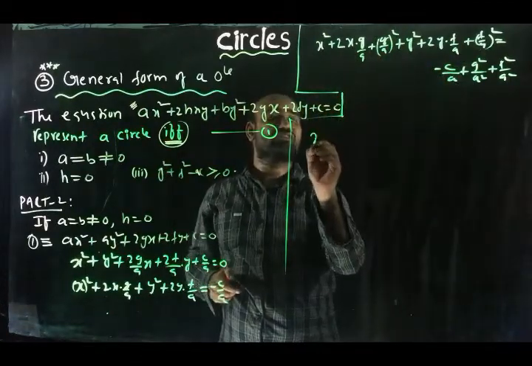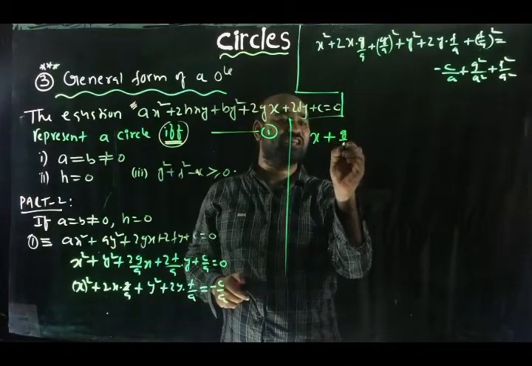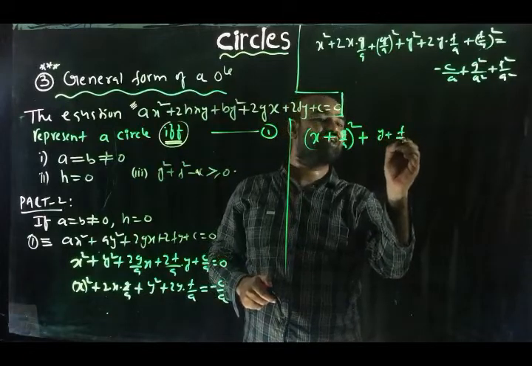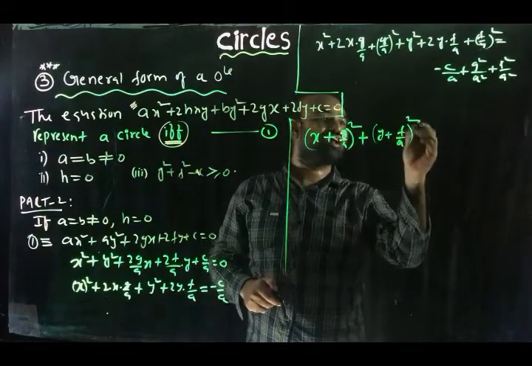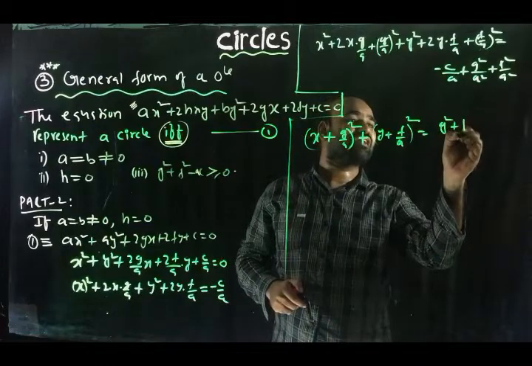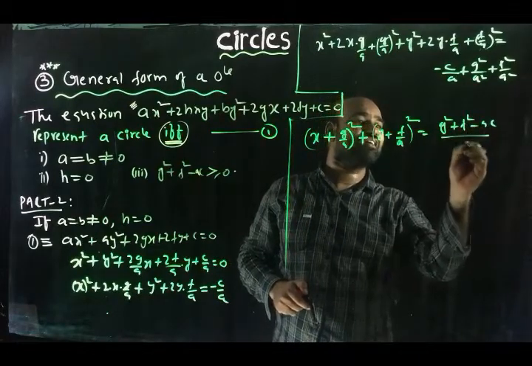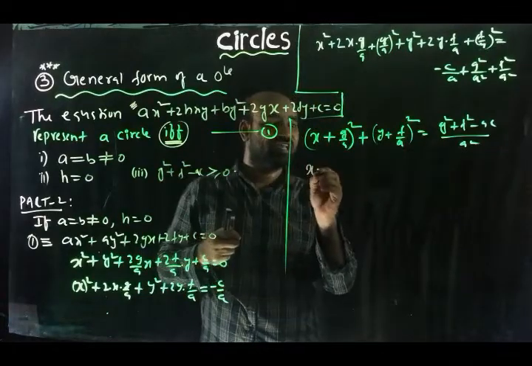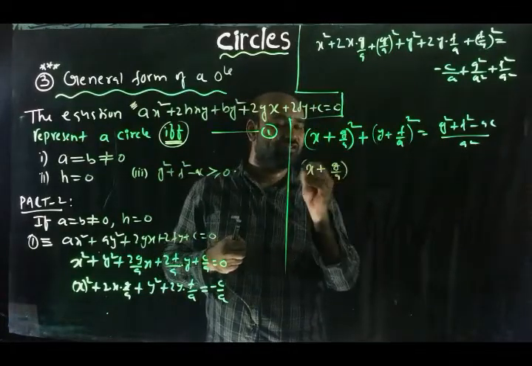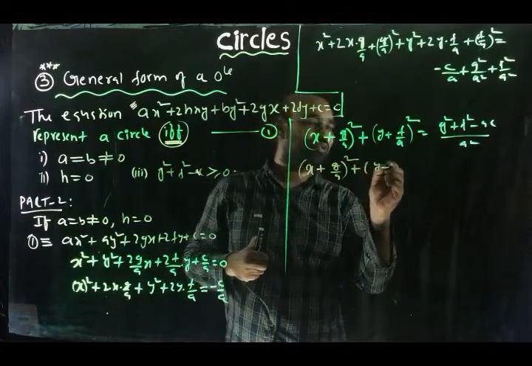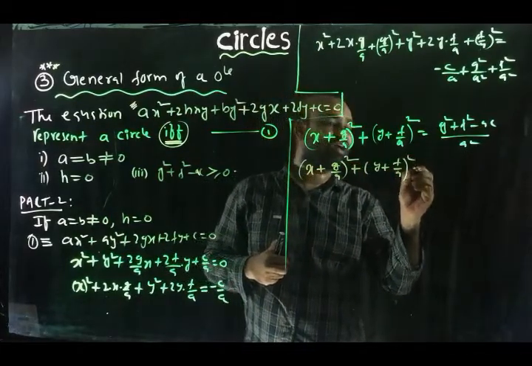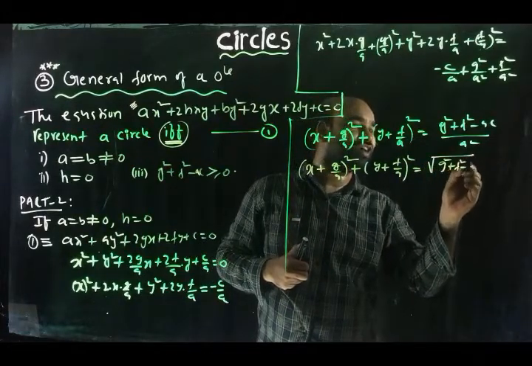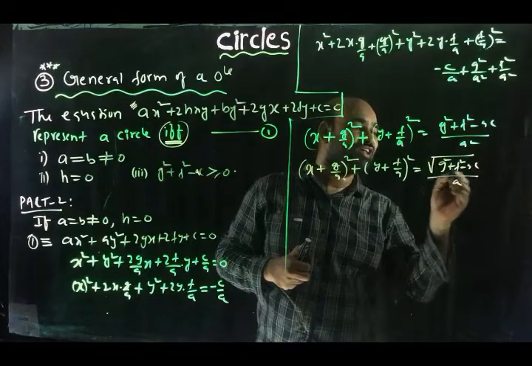So x plus g by a whole square plus y plus f by a whole square equal to g square plus f square minus ac by a square. This can be written as equal to root over g square plus f square minus ac by a, whole square.